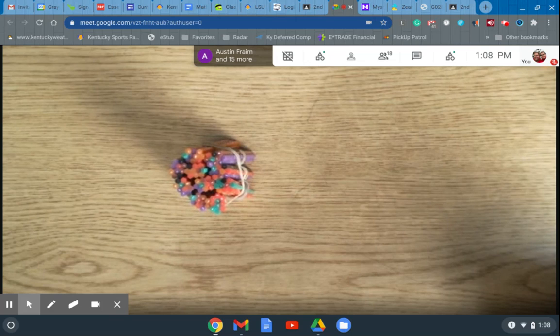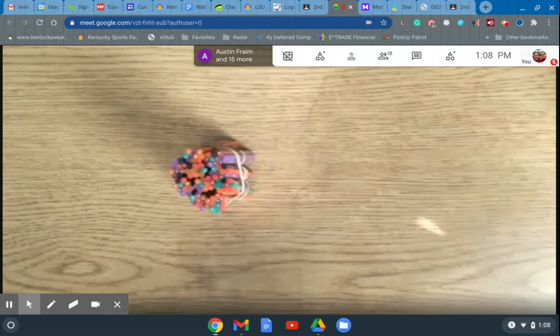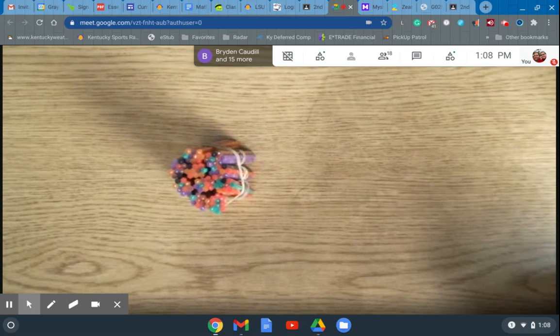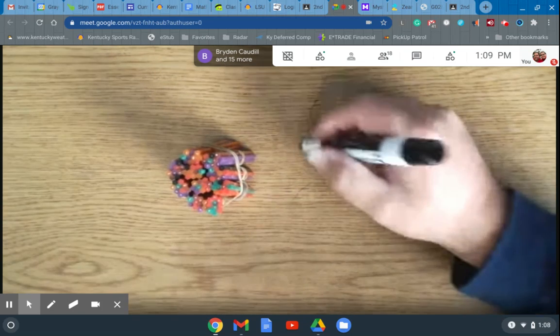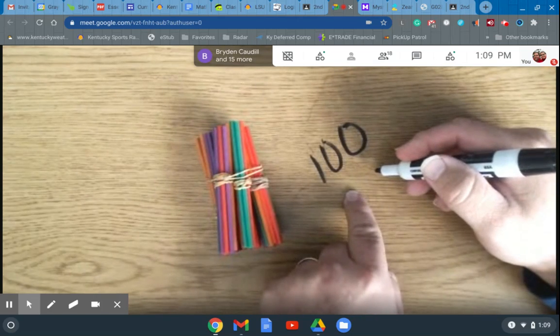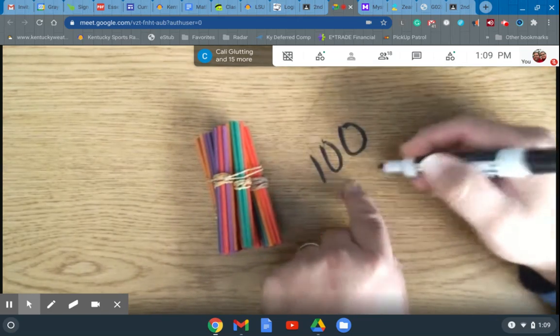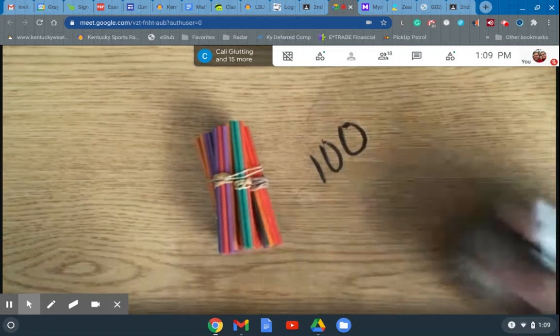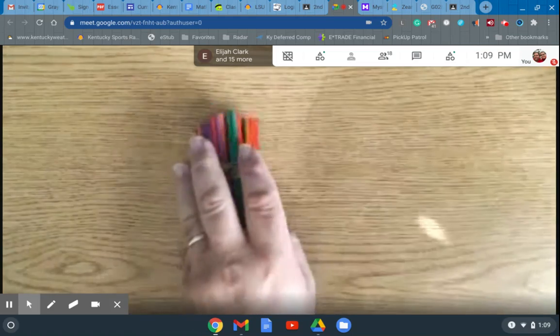I accidentally logged out. Okay, tell me, Jace. It's a super bundle and it looks like 100. No, it don't look like that. Look, does this look like that? No, that's how many there is. What does it look like though?